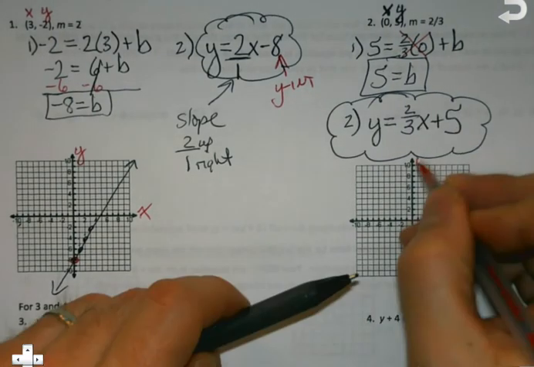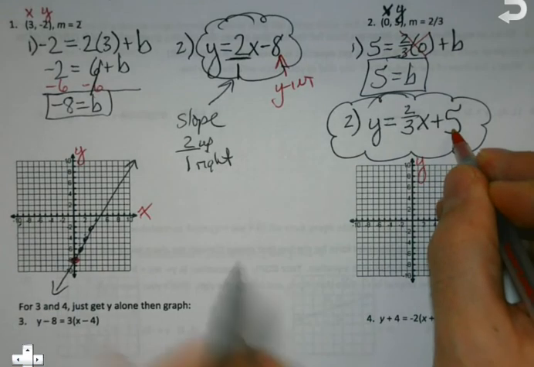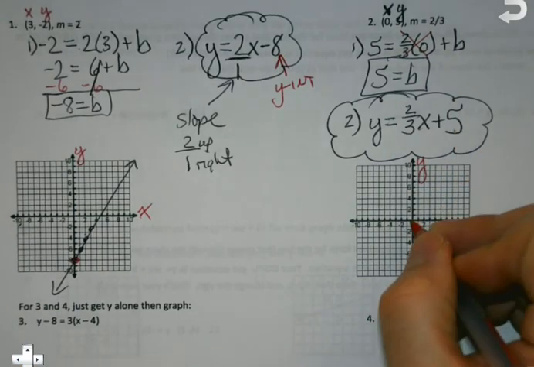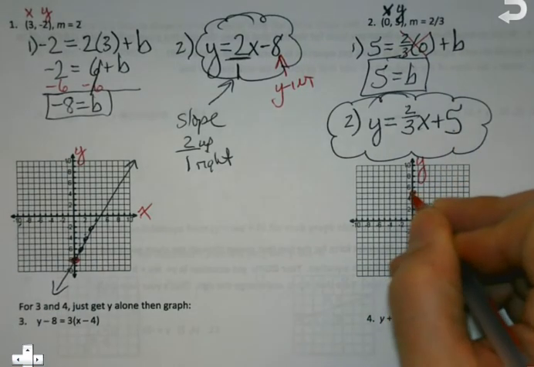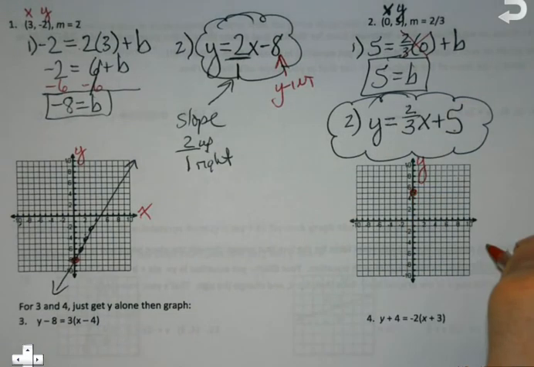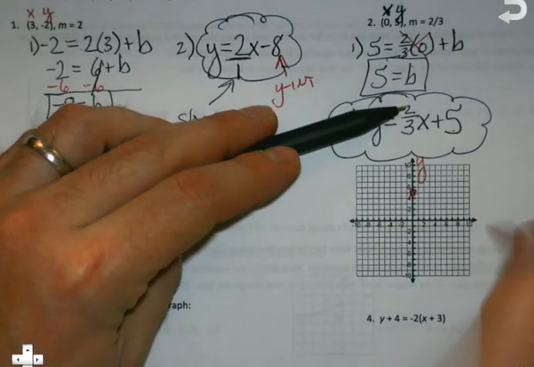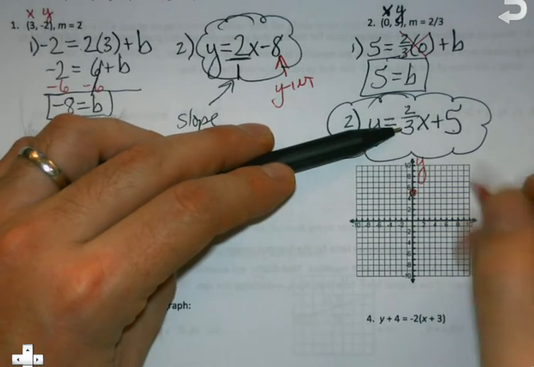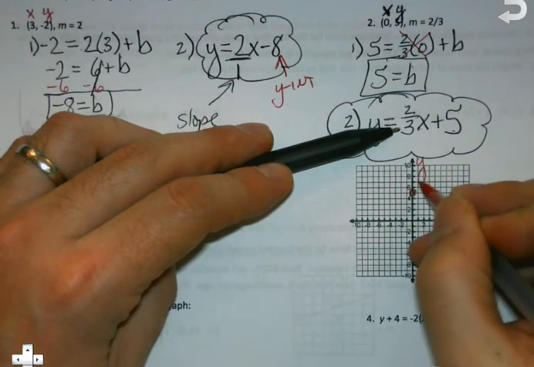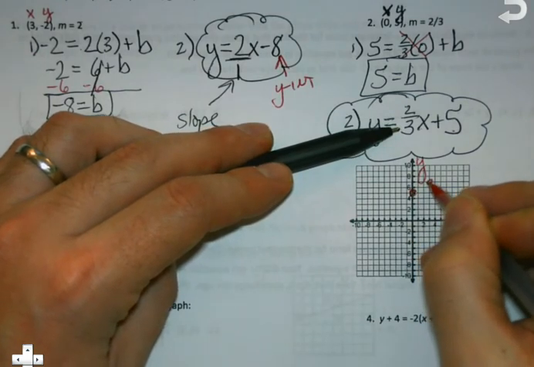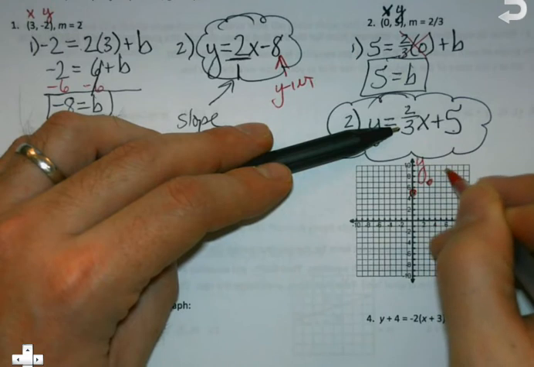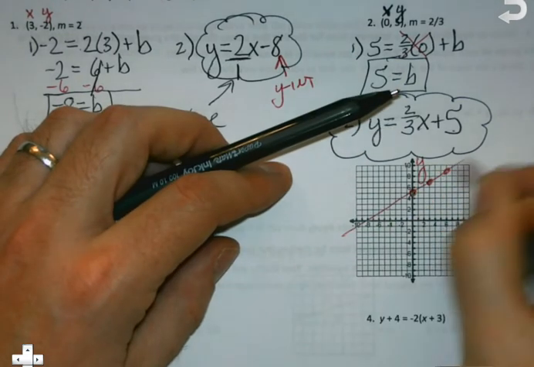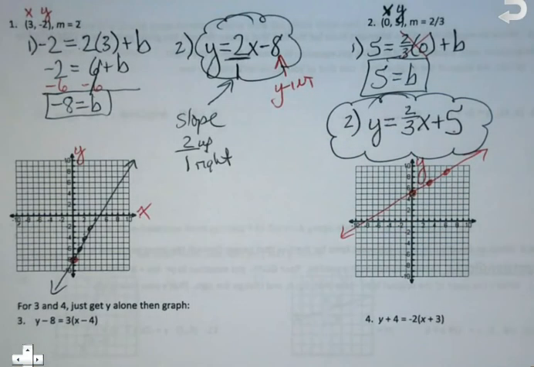Yep, we're starting at my y-intercept, which is the number that's hanging out on the end. So 5 is positive, so I go up on my y. Okay, and then up 2 and right 3. So up 2, and right 3. Get my line through there.